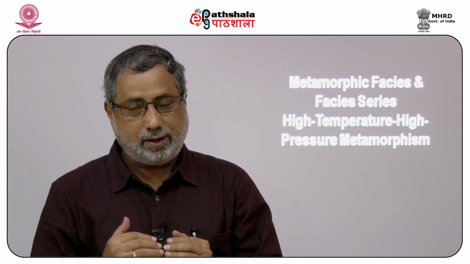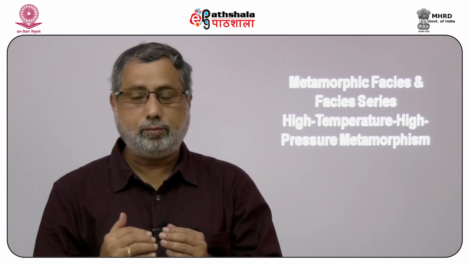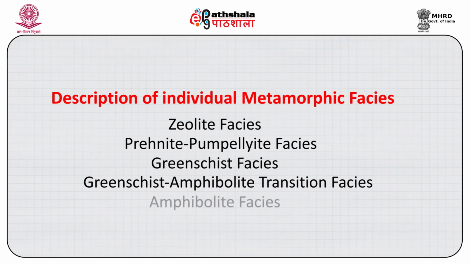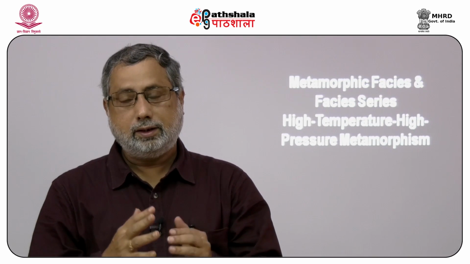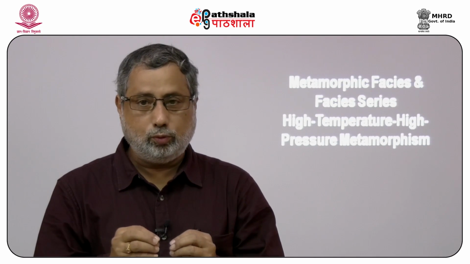In calc-silicate bulk, tremolite appears in place of the talc, or tremolite and talc coexist. Now, the amphibolite facies is around 550 degrees centigrade, and here in the basic rock the plagioclase becomes even more anorthite rich, it becomes andesine, that means anorthite nearly 45, and more importantly the rock essentially consists of plagioclase and amphibole.